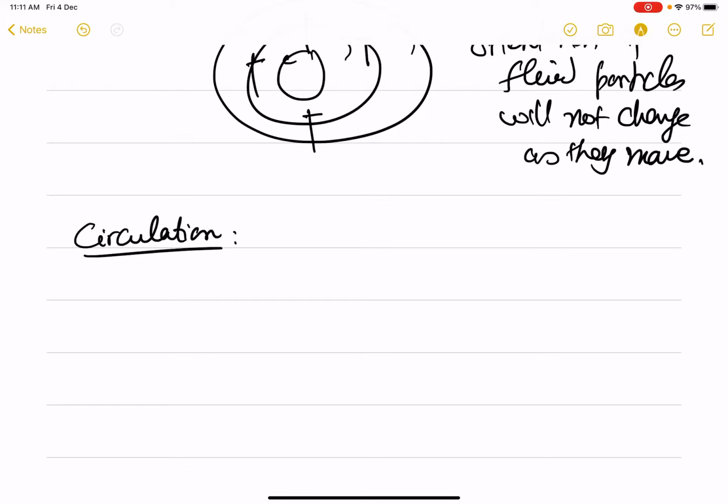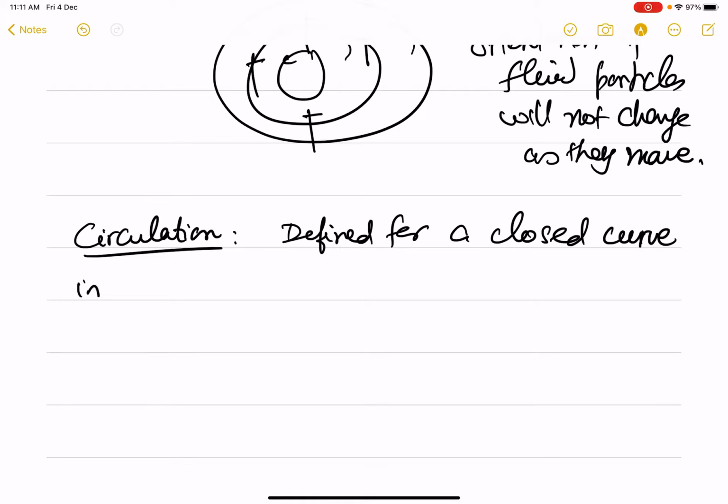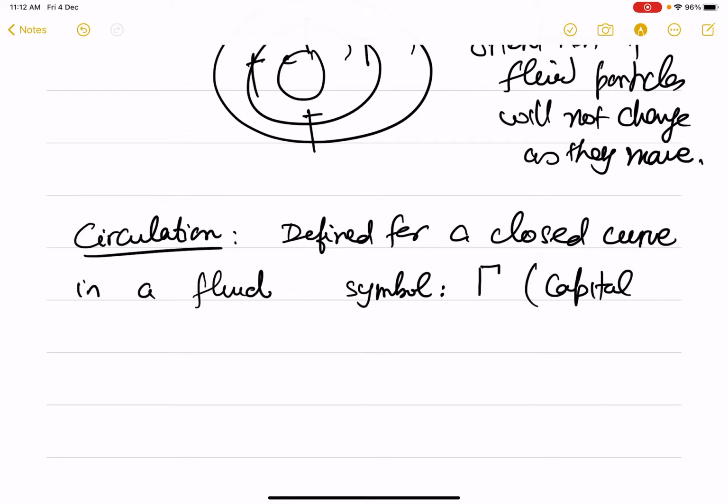And circulation is defined for a closed curve in a fluid. The symbol which we normally use for circulation is capital gamma.